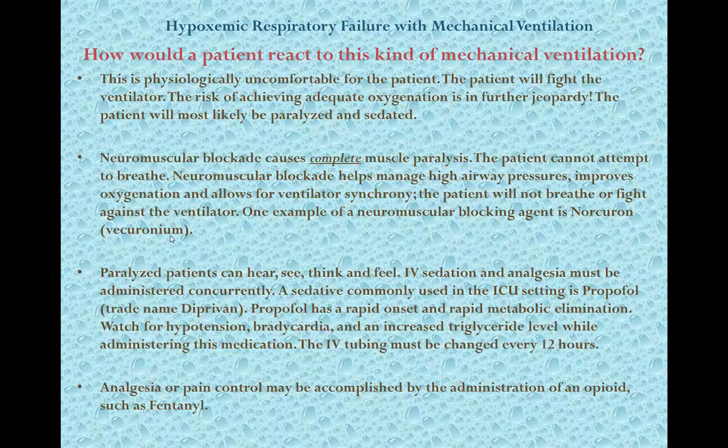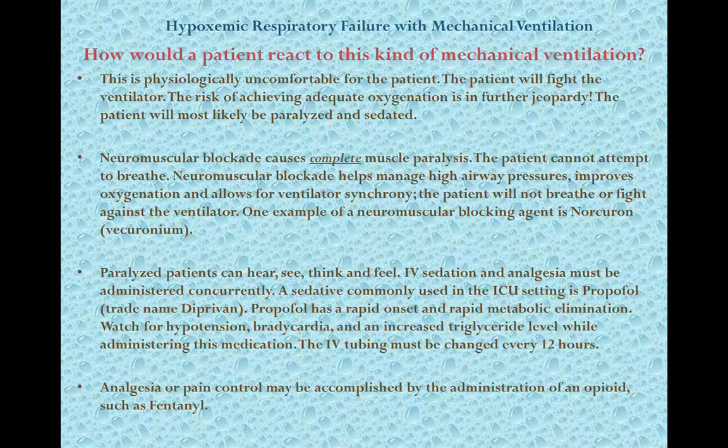IUM or NIUM. Again, if a paralyzed patient can't hear, see, or think, then that means that if you're going to neuromuscular blockade a patient, then you have to give IV sedation and analgesic. Because if you don't, that means that patient will be like locked in a cell with tape over their mouth and not able to move.